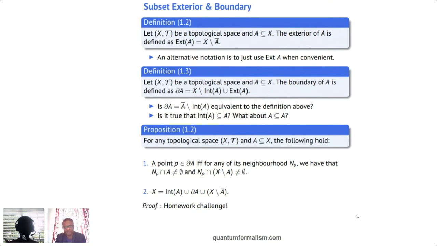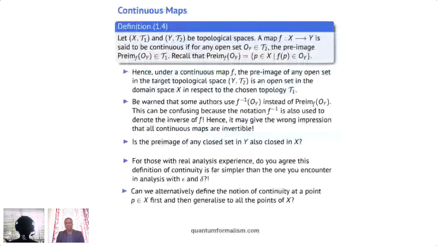Okay. And now let's go to the notion of continuous maps.